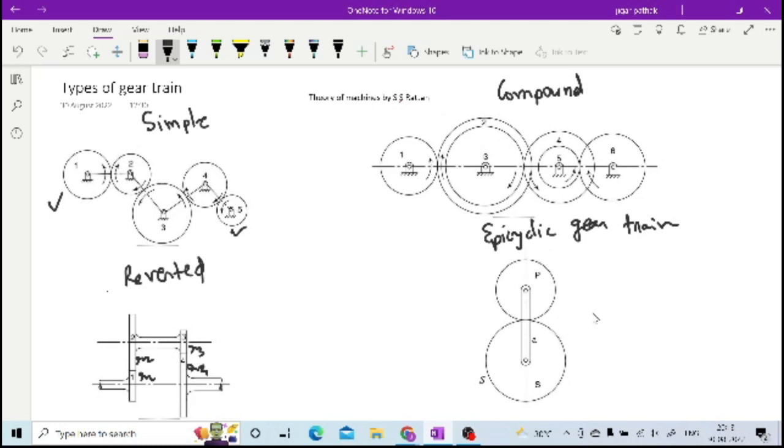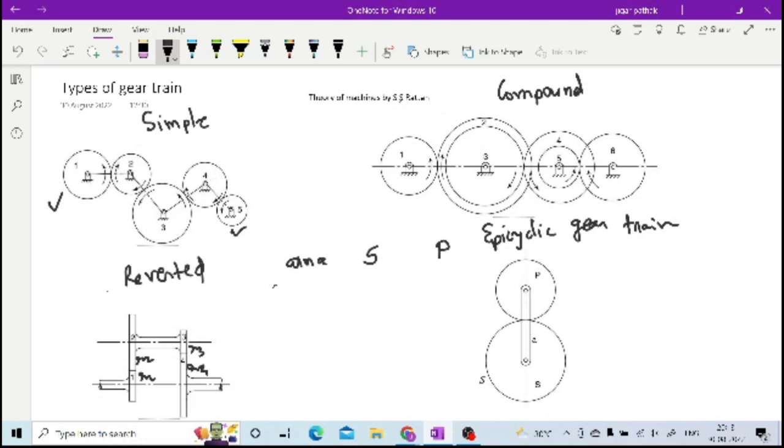So you have different components of this gear train. You have arm A, then the driving gear Sun is the driving gear, we are assuming, and the planetary gear P is the driven gear. We are assuming this. Now we are going to consider different conditions.